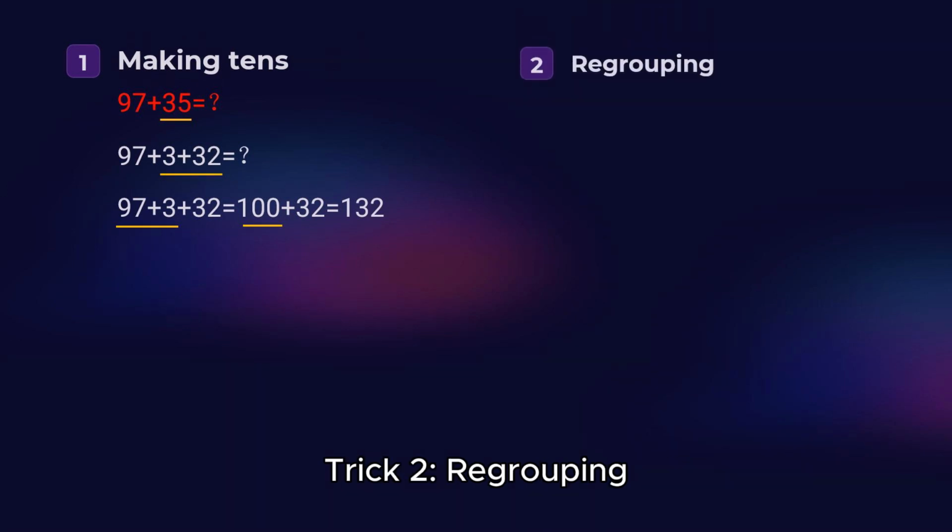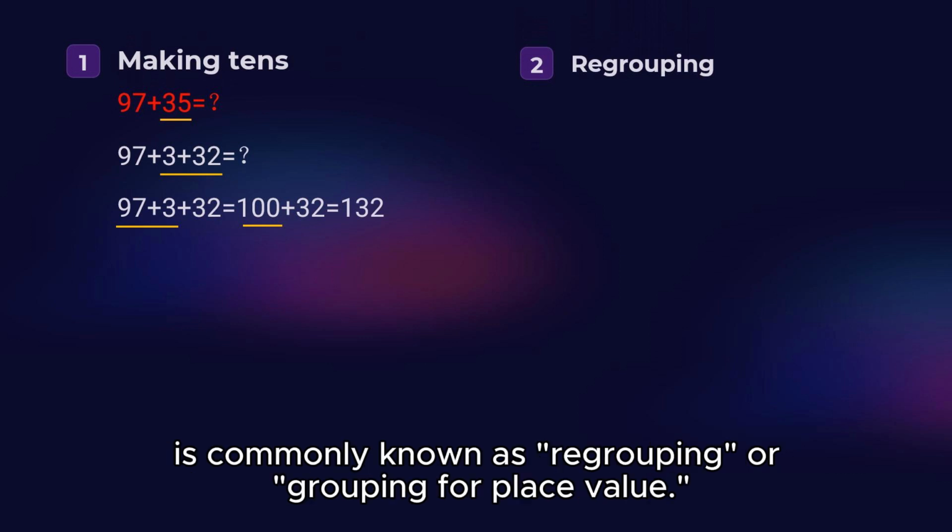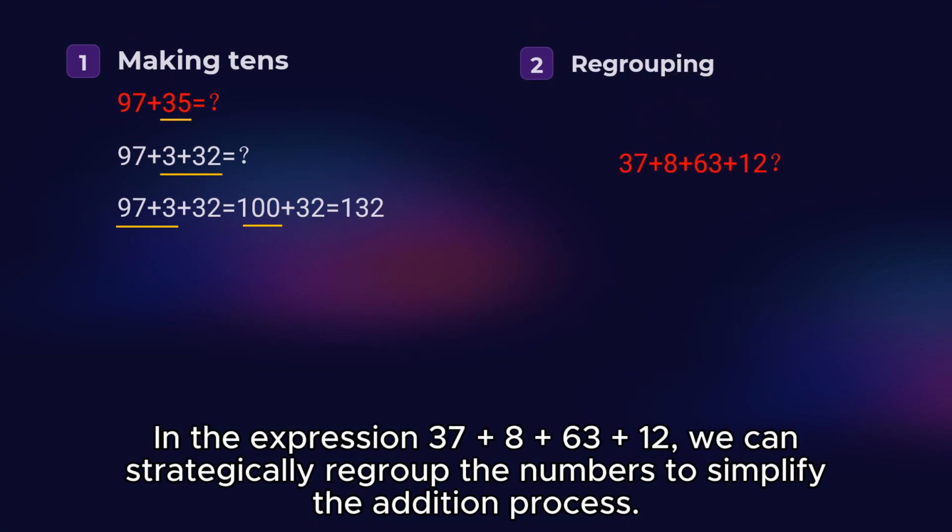Trick 2. Regrouping. The technique where numbers are grouped to simplify addition by making tens or hundreds is commonly known as regrouping or grouping for place value. In the expression 37 plus 8 plus 63 plus 12, we can strategically regroup the numbers to simplify the addition process.